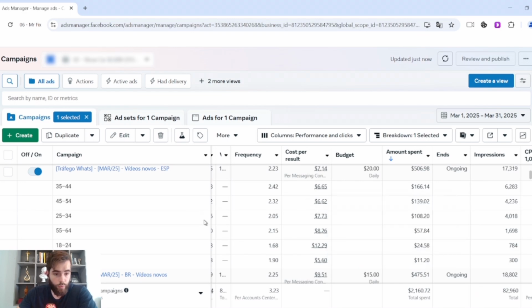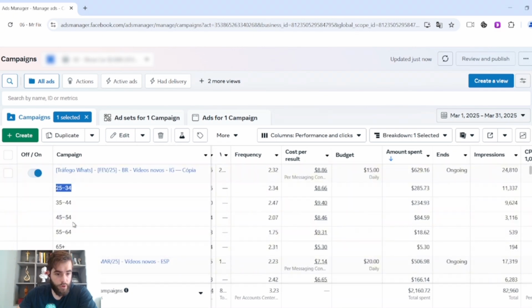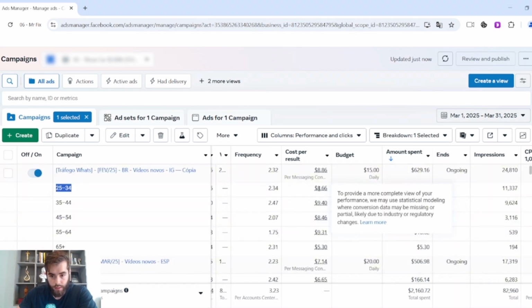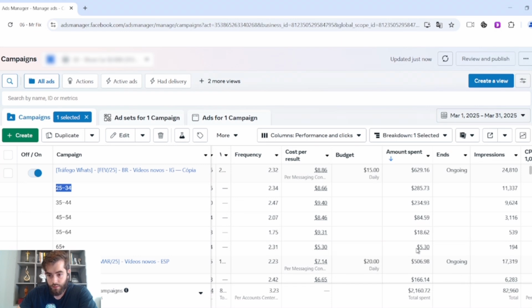What we're looking for right now is to see the patterns. When we run campaigns on the age of 25 to 65 plus, it's common sense that we get a lower cost per lead between 25 and 34. Can you see the cost that we are making right here? It's 866. Right here is 530, but we only spent $5, so it's not a relevant number.